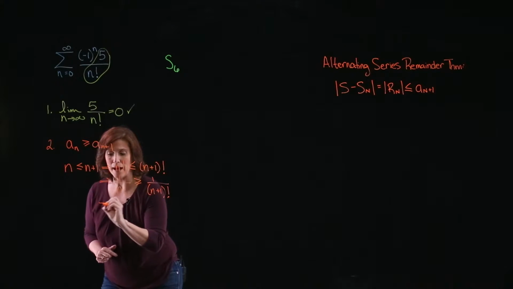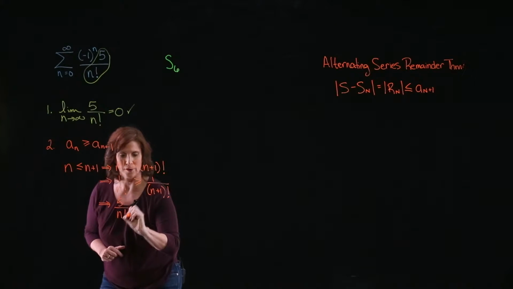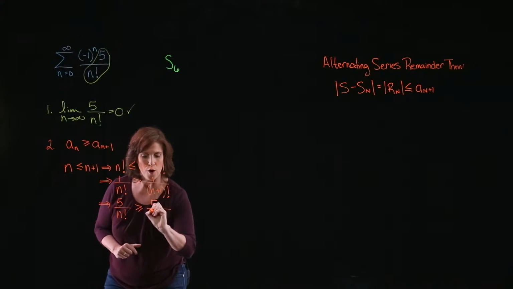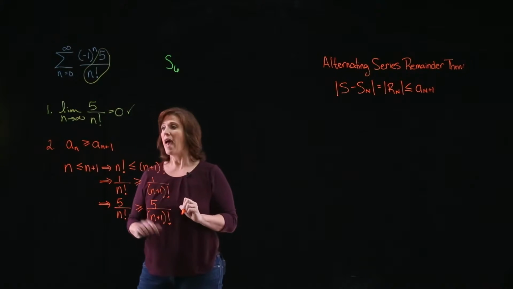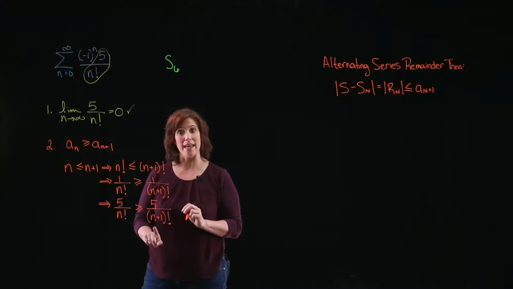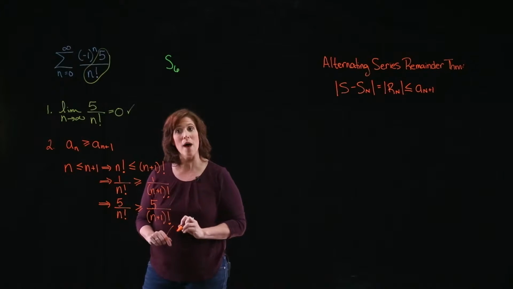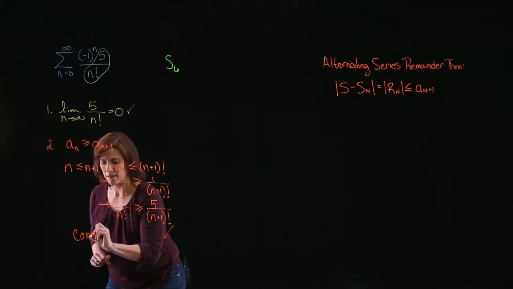And then if I multiply both sides by 5, 5 over n factorial is definitely greater than or equal to 5 over n plus 1 factorial. And what have I shown? I've shown that the nth term is greater than or equal to the n plus first term. So this condition holds as well, which means that my series is a convergent series.